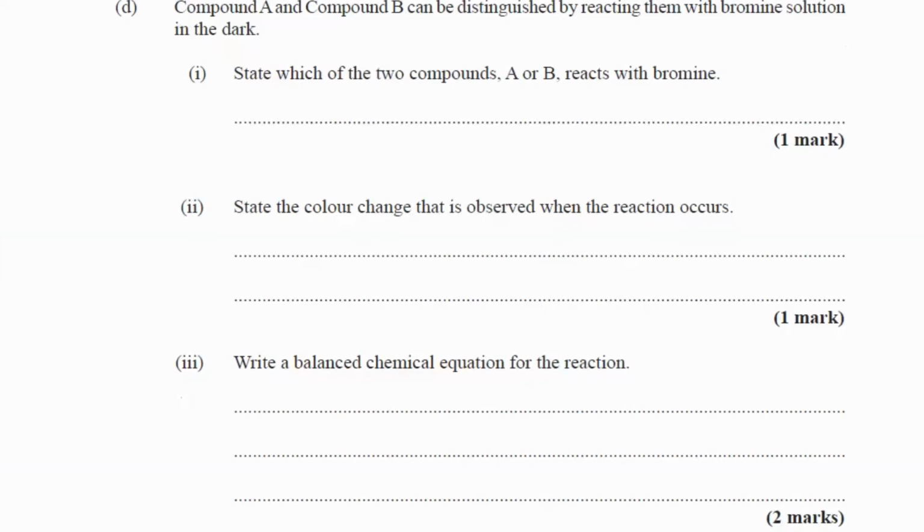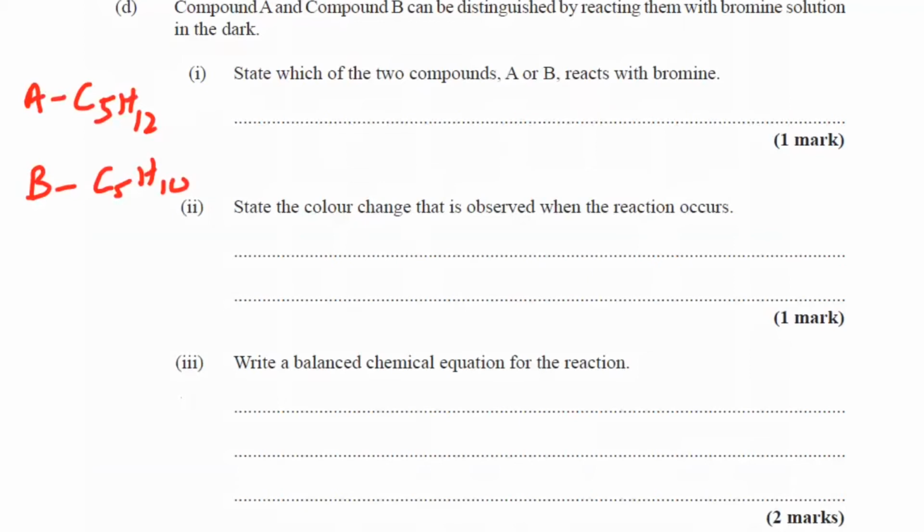Compound A and B can be distinguished by reacting them with bromine solution in the dark. Part 1. State which of the 2 compounds, A or B, reacts with bromine. Just a reminder, compound A is C5H12 and B is C5H10.